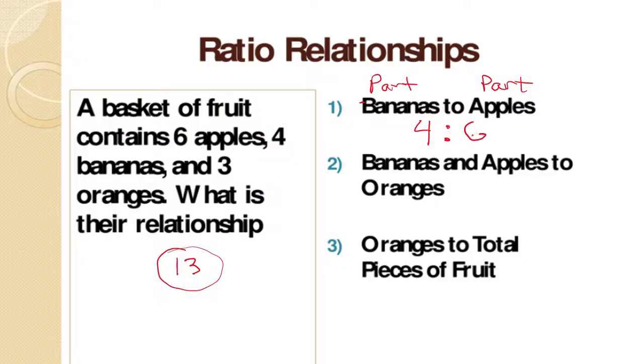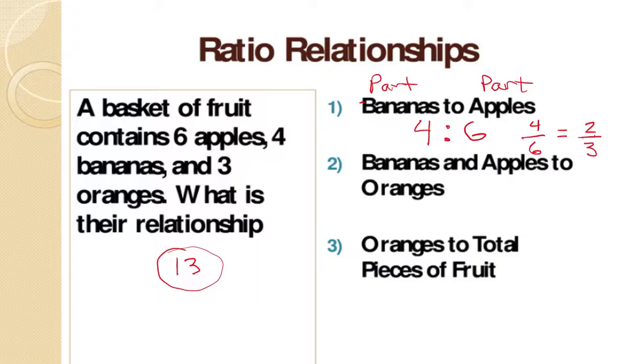There's 6 apples. And with ratios, you can think of them as a fraction relationship. So you can also write it as a fraction, and you can simplify it just like a fraction. So if there's 4 bananas for every 6 apples, that also means there's 2 bananas for every 3 apples.